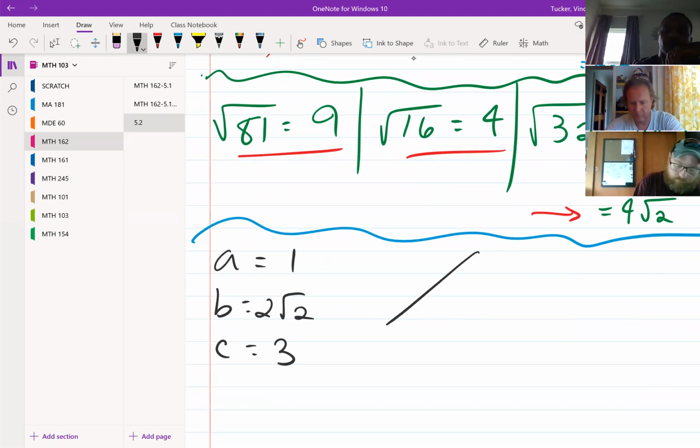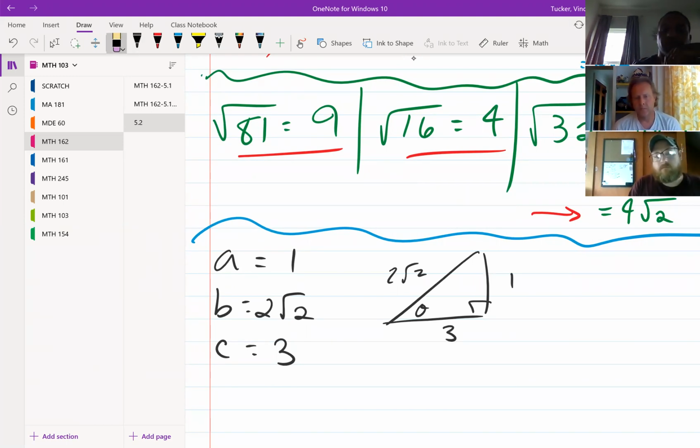Let me redraw. I think here, I know this was 2 square root of 2, theta, 1 and 3. Trying to go off memory, then I'll check myself. Yeah, 1, 3, 2 square root of 2. All right, so that's what we're looking at.